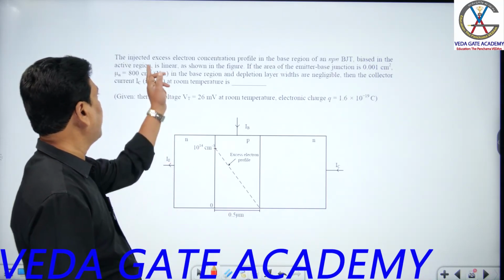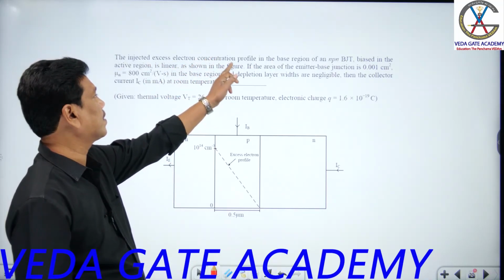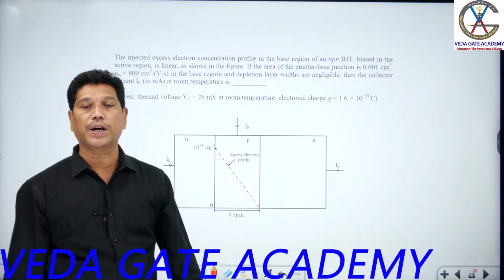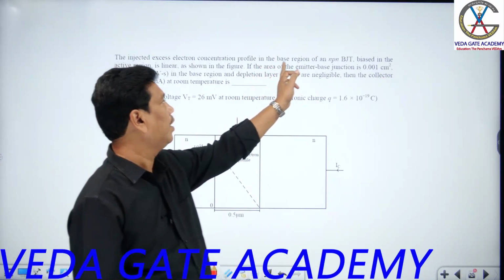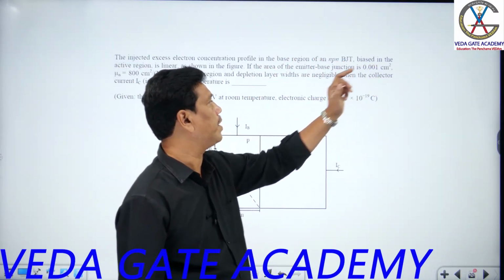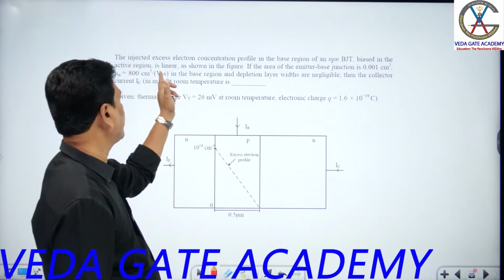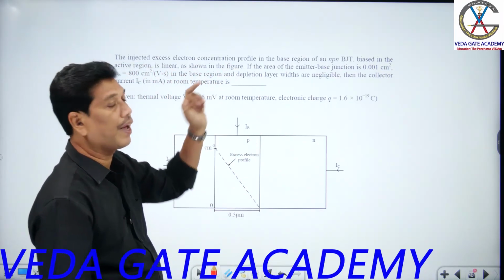See this one now. The injected excess electron concentration profile in the base region of an NPN BJT biased in the active region is linear as shown in the figure.